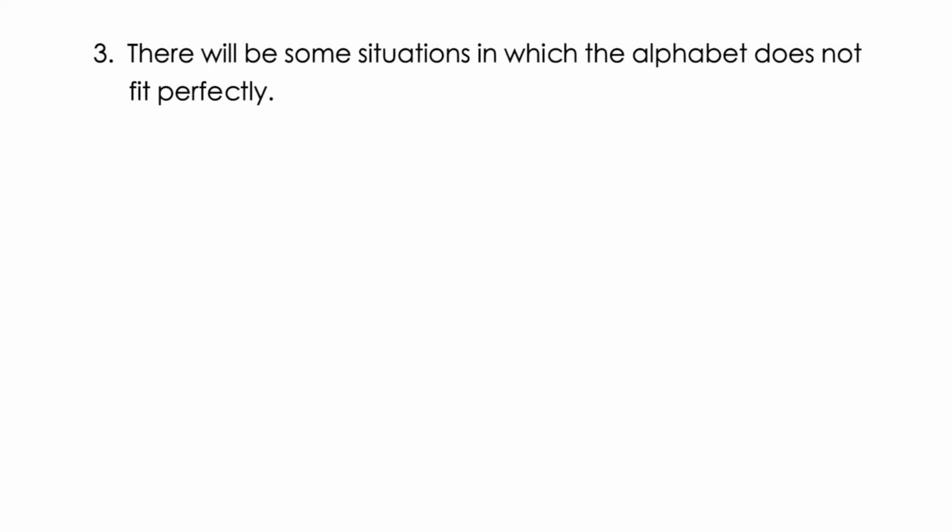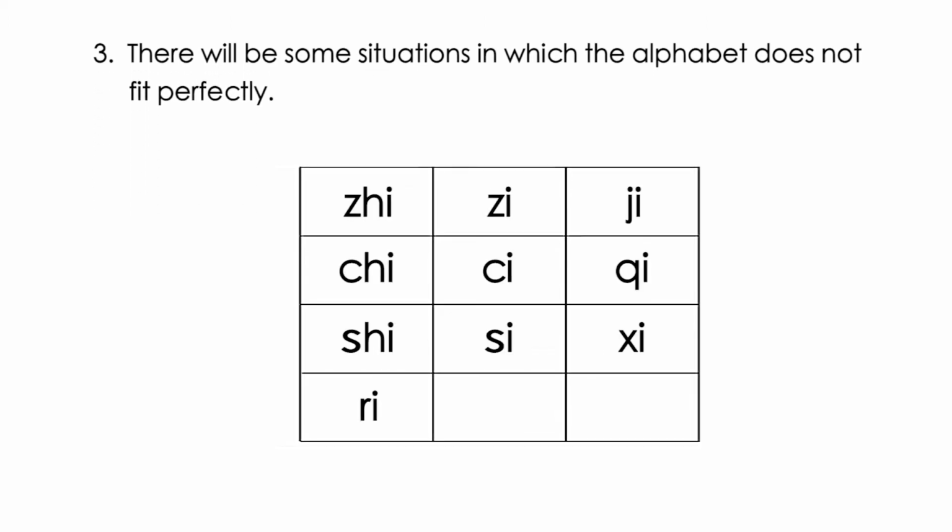A perfect example of this misalignment can be seen with the initials zh, ch, sh, r, z, c, s, j, q, x, when they are found in combination with the final sound i. When pronouncing words that use this particular combination, it's important to know that the initial sound is what is carried.